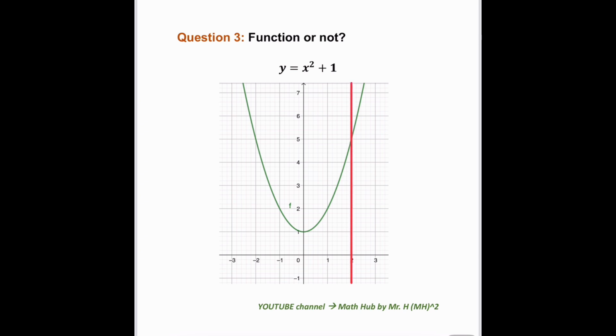All right. So that's our vertical line. And take a look at the point of intersection between the vertical line and the graph itself. There's only one point of intersection. We can conclude that the graph of y equals x squared plus 1 is a function.